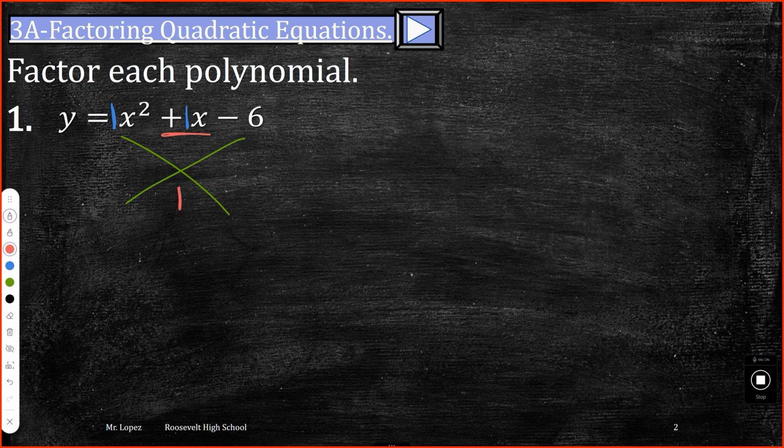And what number goes on top of the X? It's always the first number times the last number. 1 times negative 6. What is 1 times negative 6? I gave you calculators for it. If you don't know what a negative times a positive is, what's 1 times negative 6? Negative 6. So that number goes there.